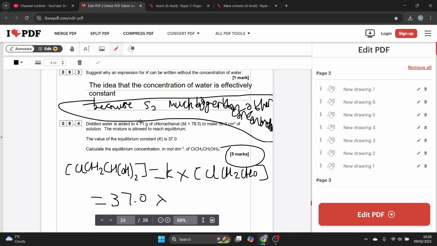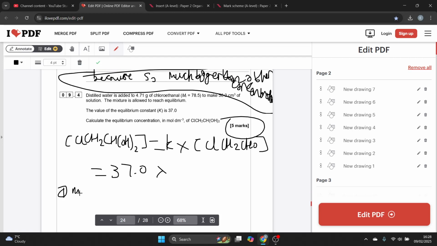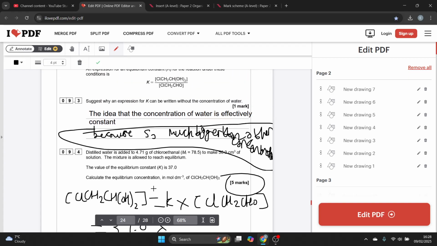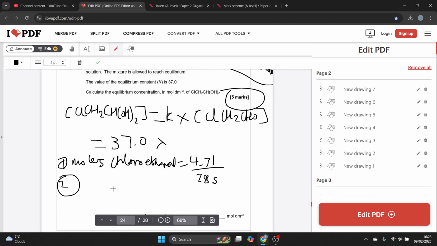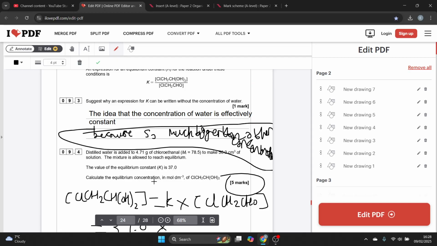So the first thing I'm going to do is find out the moles of chloroethanol. So moles of chloroethanol is 4.71 divided by 78.5, to make 50 centimeters cubed of solution. But that's initially. The mixture is allowed to reach equilibrium. That's why it's going to be so much more difficult. I get the answer for this as 0.06 initial moles, but I want the equilibrium moles, right?